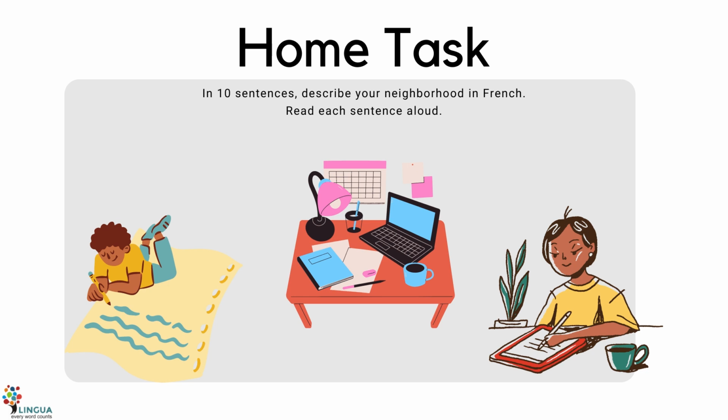Just 10 sentences, short and simple in the present tense. With all we've learned so far, this should be possible for you. And if not, simply go back to our videos and pick up from the first lesson up to now, and you'll find it a lot easier.